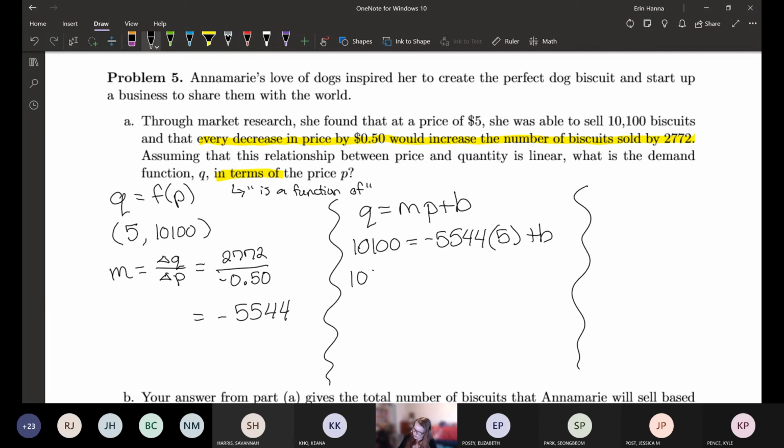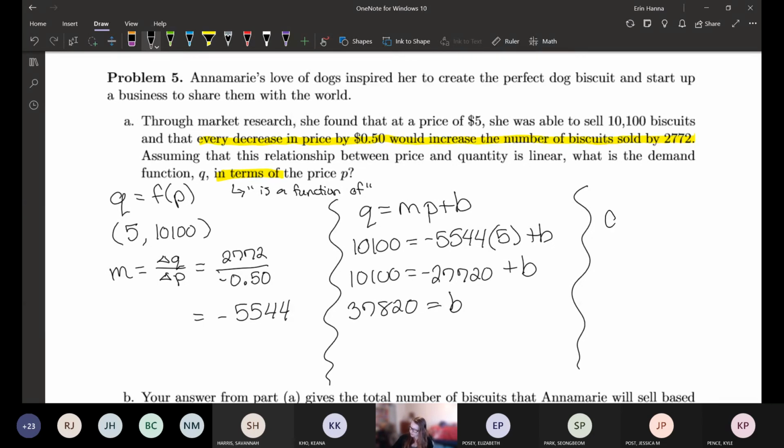So we will have 10,100 equals negative 27,720 plus B. Add the 27,720 over to the other side, and we'll get 37,820 as the B value.